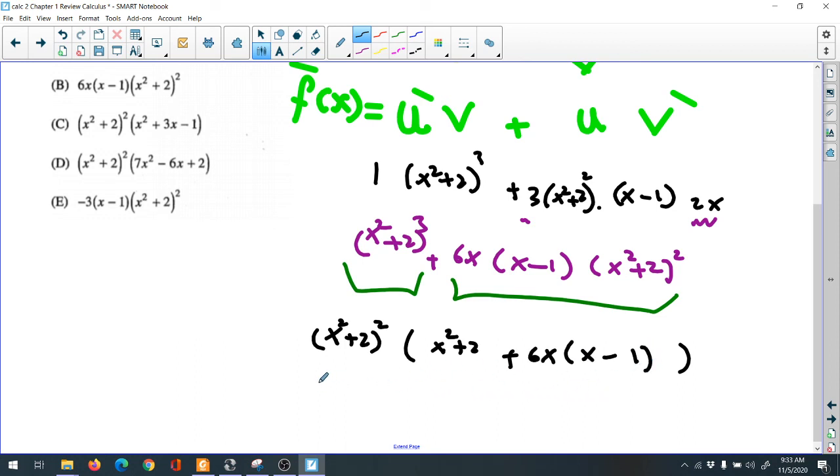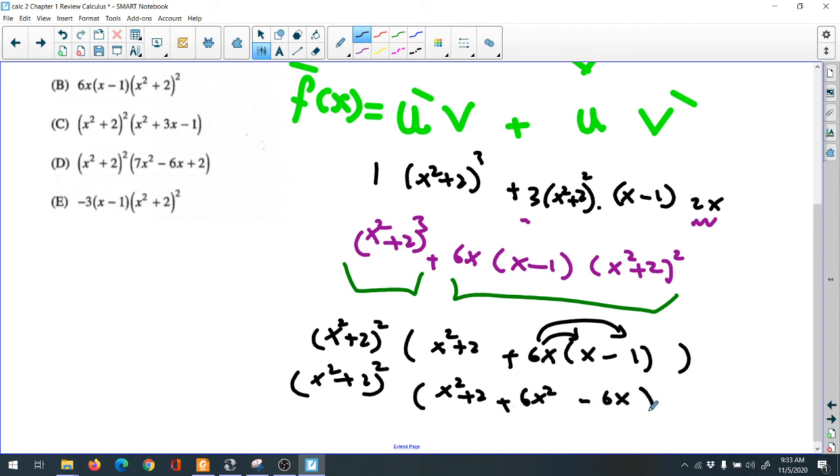So keep x squared plus 2 to the second. And then keep x squared plus 2. Then distribute 6x to be 6x times x is 6x squared. And 6x times negative 1 is negative 6x.